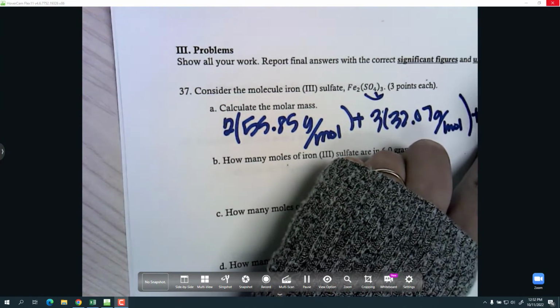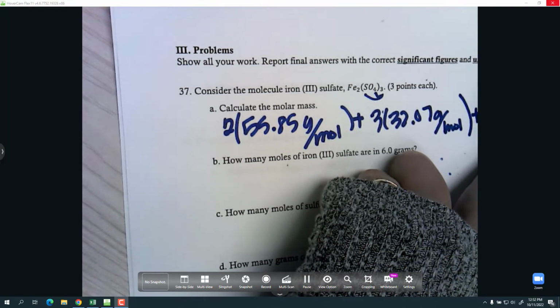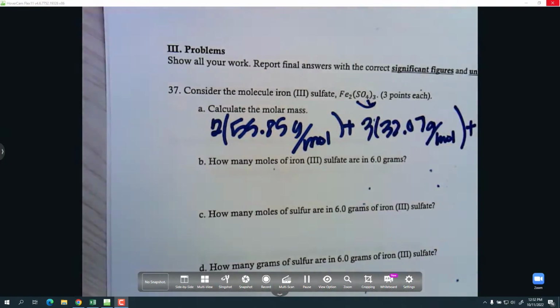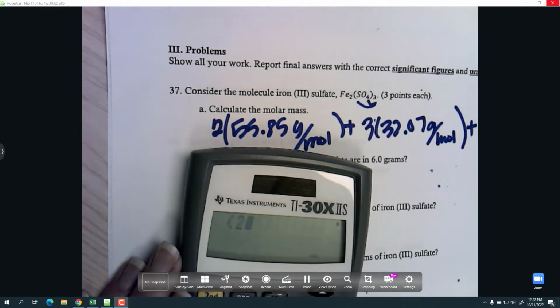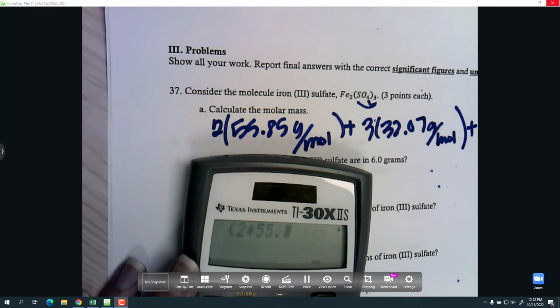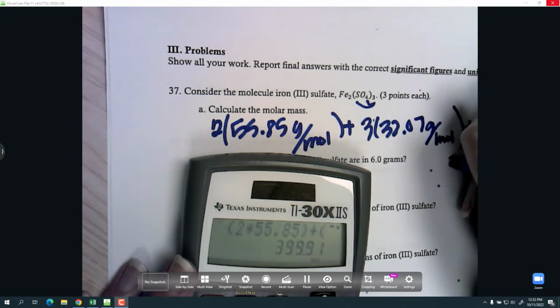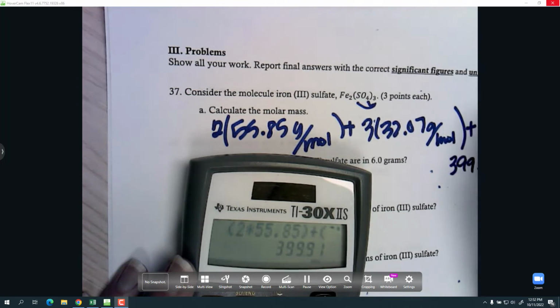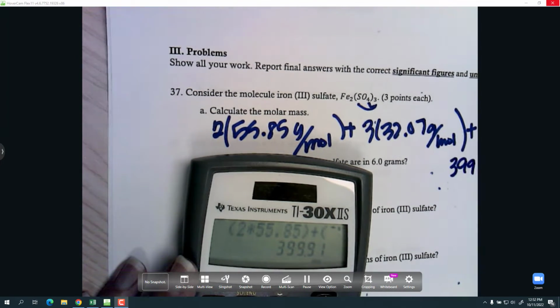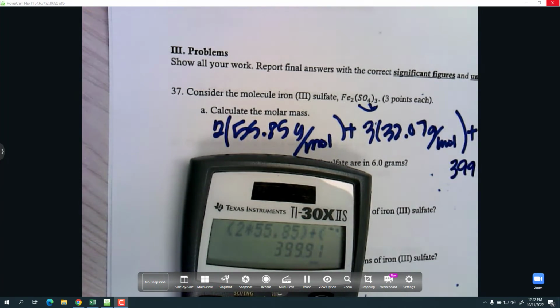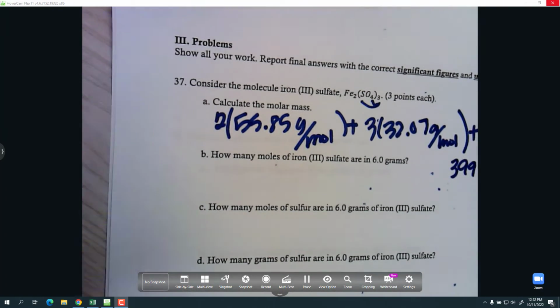And then 12 times, pretty close to 16 exactly, so we'll do 16 for oxygen. All right, 399.91.